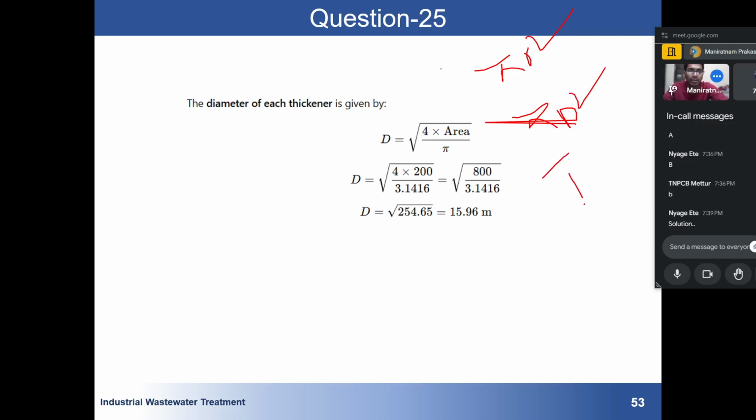So this is the area. If we have to find the diameter, then this 4 will go on the area side: d equals the square root of 4 into area divided by pi. We put the value and find the diameter, that is 15.96 meter.